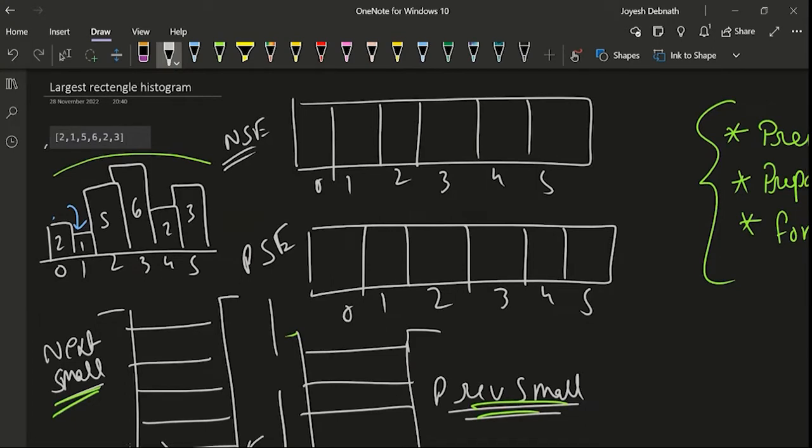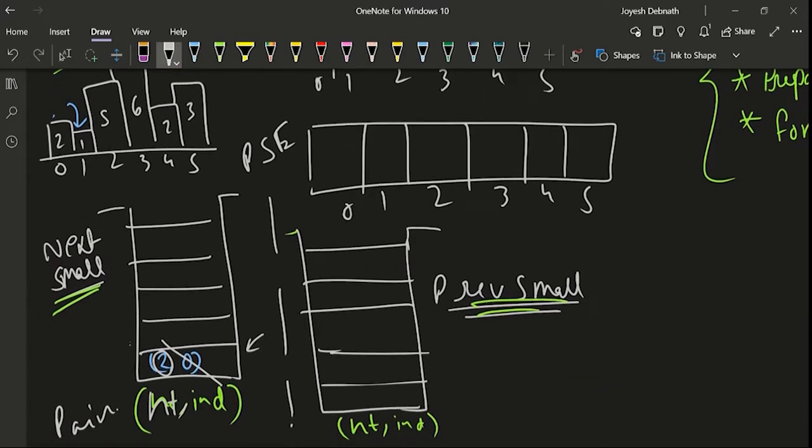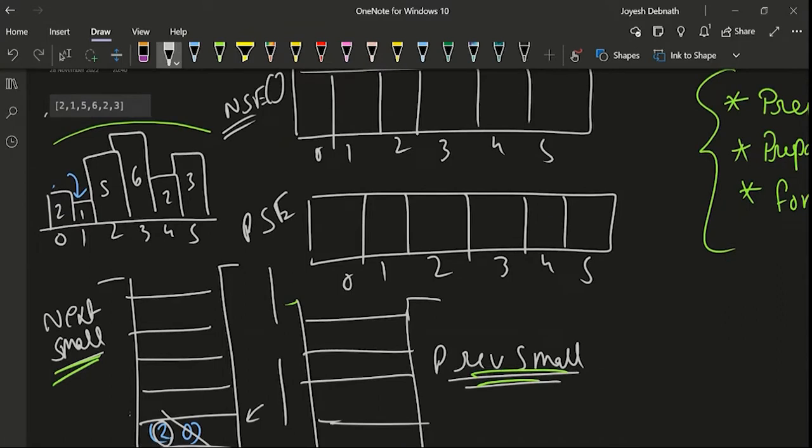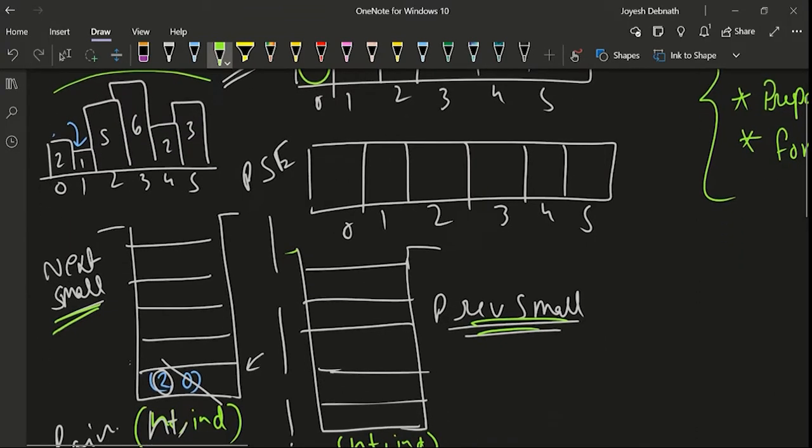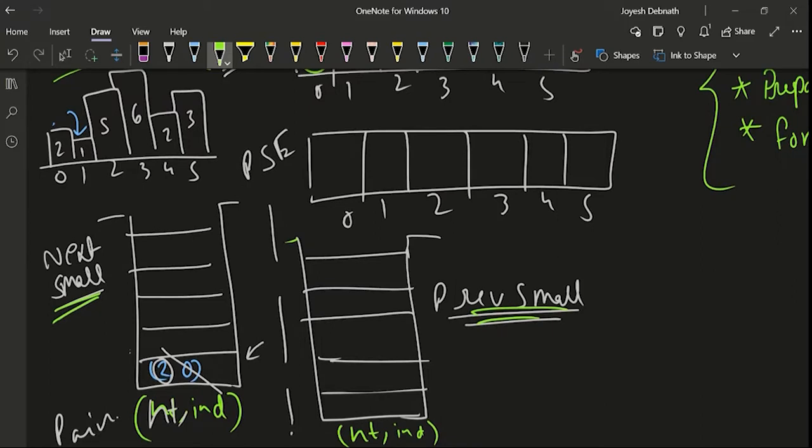We'll go to the next smaller array, and at index 0 we will enter the index of the current block, which is 1. And since there are no more elements, we will enter the current block, which is height 1 and index 1.